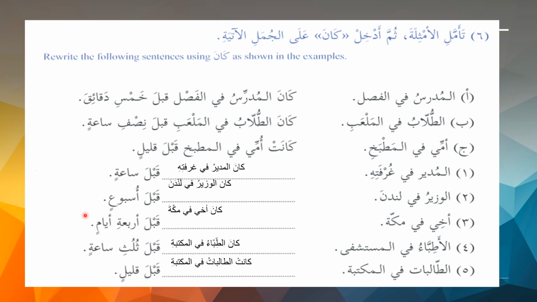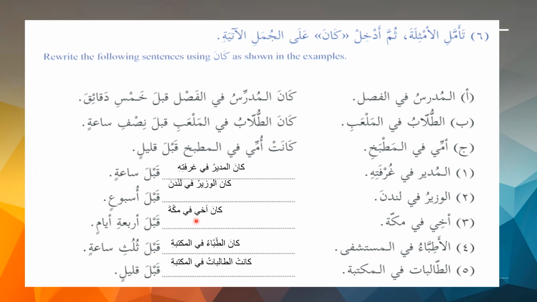The whole phrase في مكة قبل 4 أيام is the خبر كان, and it is in mansub case. So أخي is اسم كان, and أخي is with the ya mutakallim, so the kha will not have a dhamma, it will have a kasra. Why is it having a kasra?